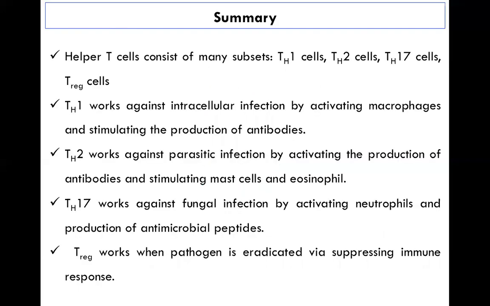So let's try to summarize today's whole lecture. We started with the idea that helper T cells have several subtypes, but we discussed their most common subsets, which we call TH1 cells, TH2 cells, TH17 cells, and lastly the T regulatory cells.